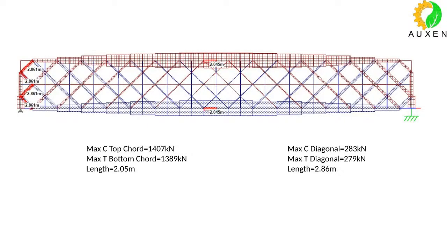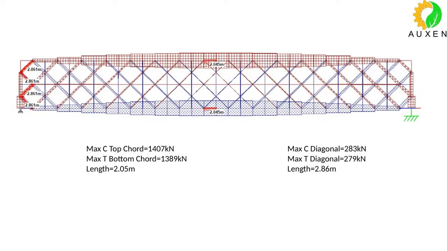So now when I do the analysis for the same loads, that is 1.8 kilonewton per meter finish load and 9 kilonewton per meter live load UDL, then you see the top chord and bottom chord compression tensions, and you see the diagonal forces compression tension.